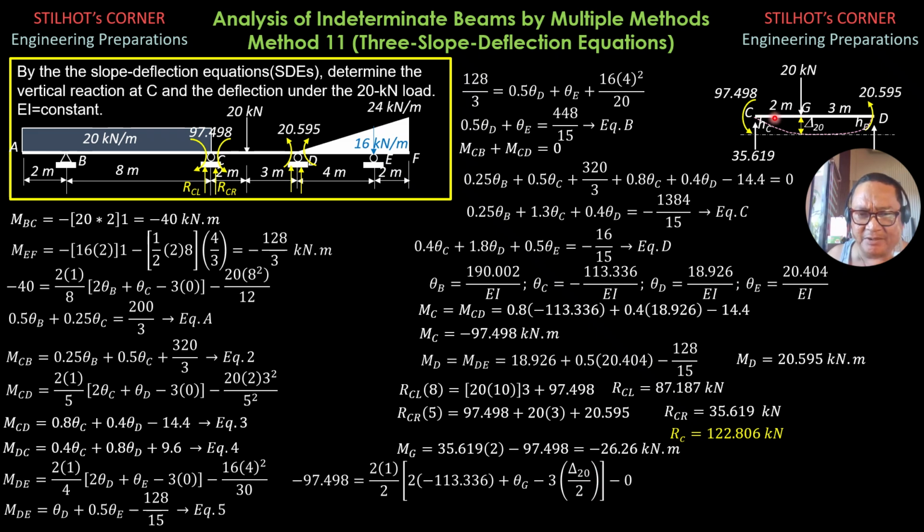There's no load in between C and G, so it is 0. Simplifying this equation, theta G minus 1.5 delta 20 equals 129.174. Call that equation small letter A.